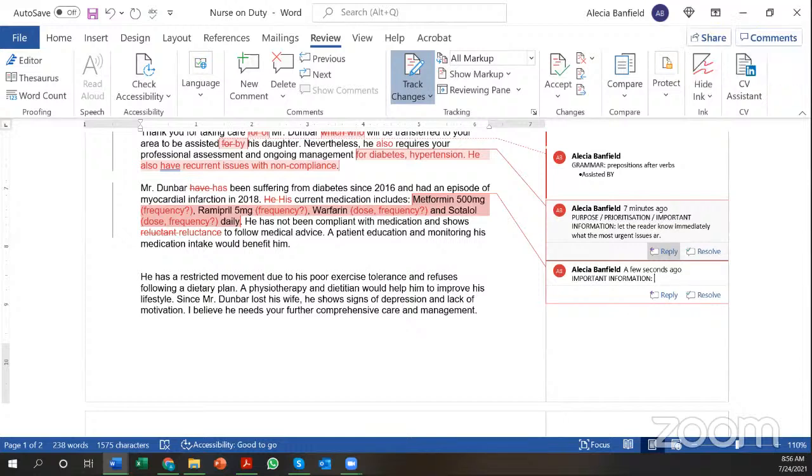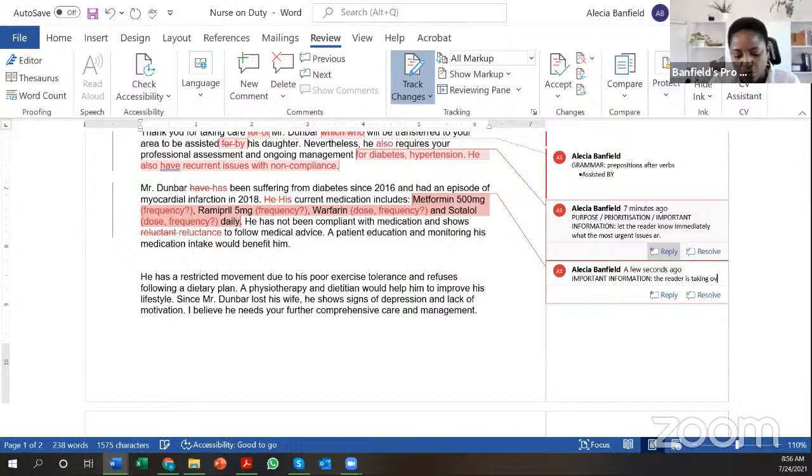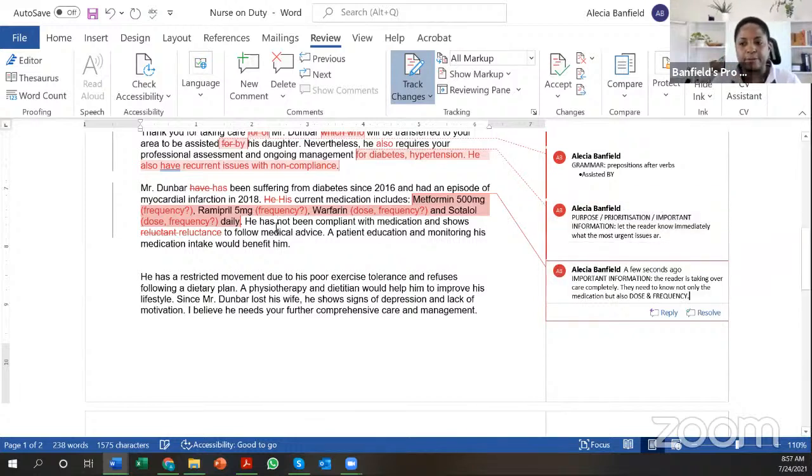The reader is taking over care completely. They need to know not only the medication, but also dose and frequency.